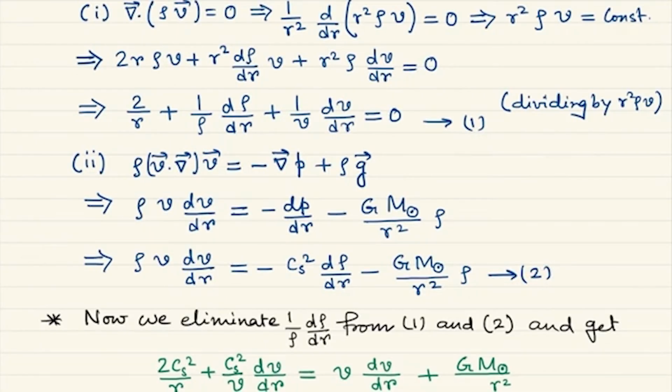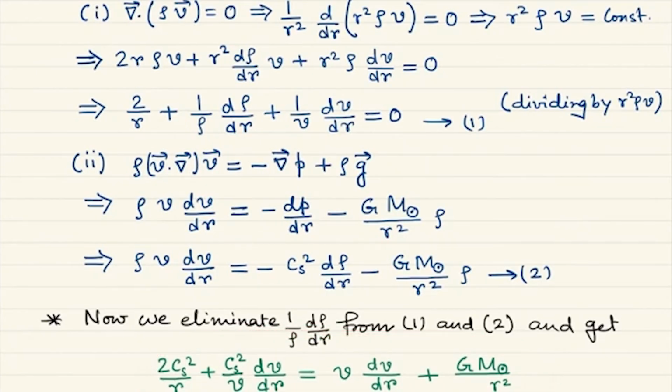Now we can divide the whole thing of 2 by Cs square by rho, so that this term will be equal to 1 by rho d rho dr, and then you have 1 by rho d rho dr, and you equate these two expressions of d rho dr. If you do that perfectly, so check at home, you should obtain this.